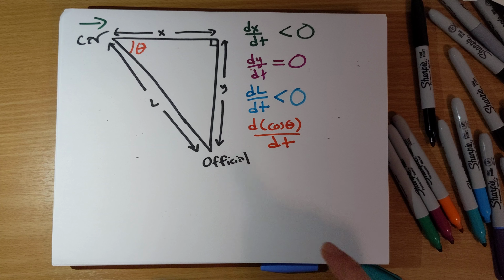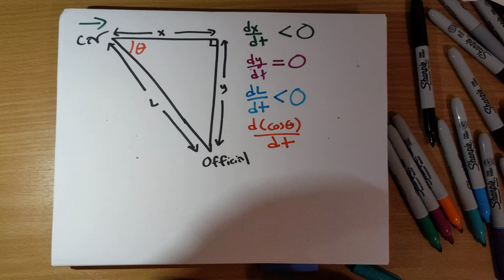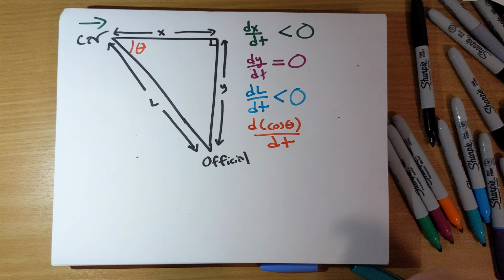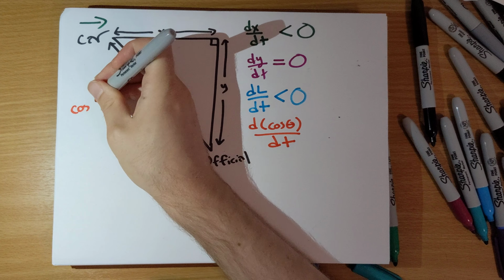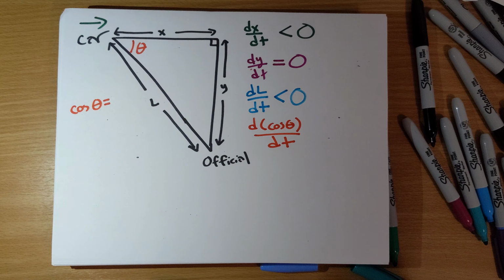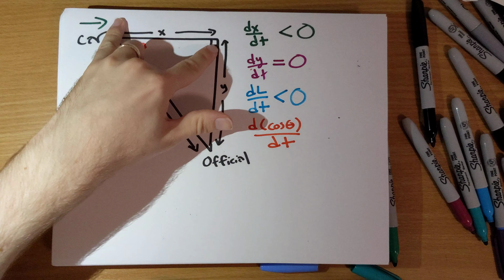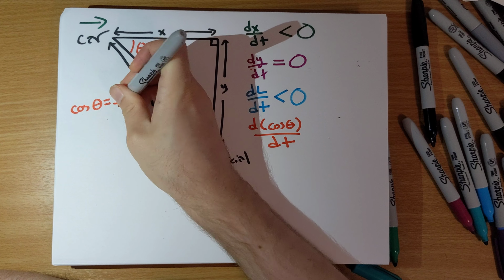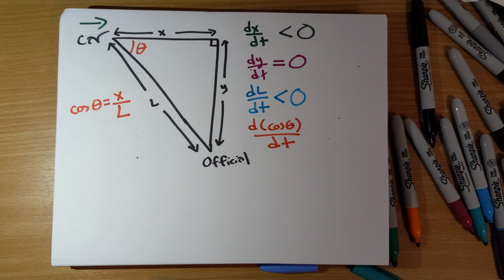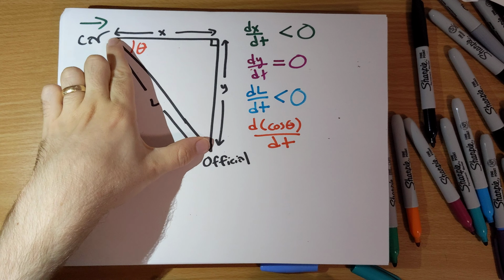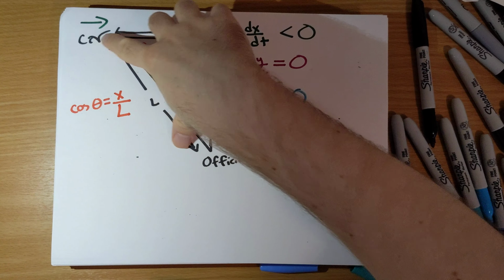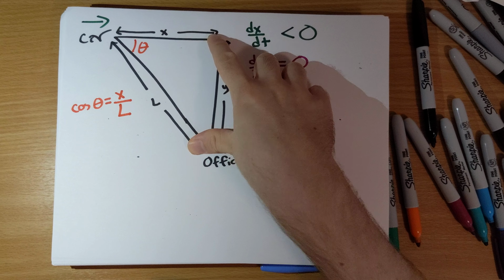For this one, cosine theta is going to be x to L. And so the thing to realize here is x and L are both decreasing here, but x is going to go all the way to 0.